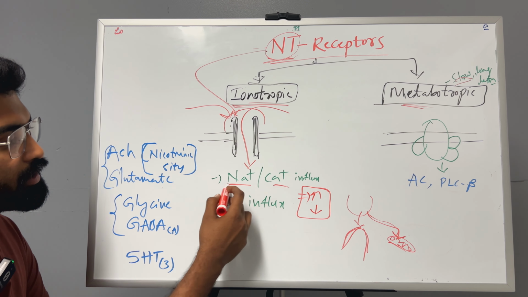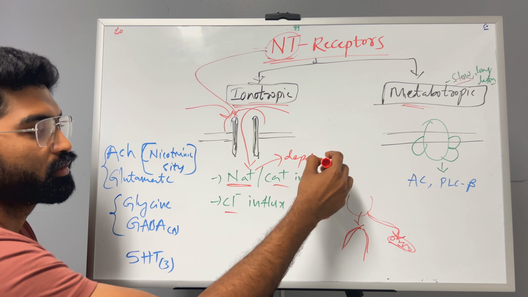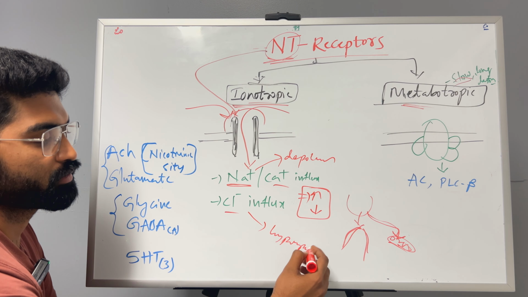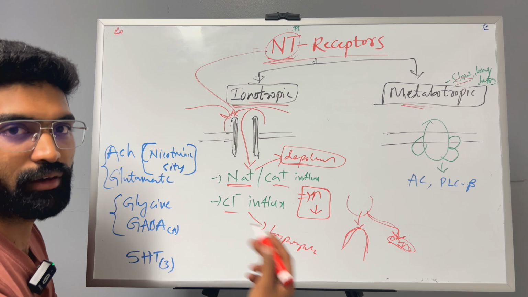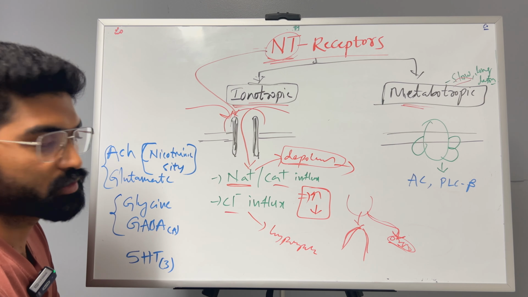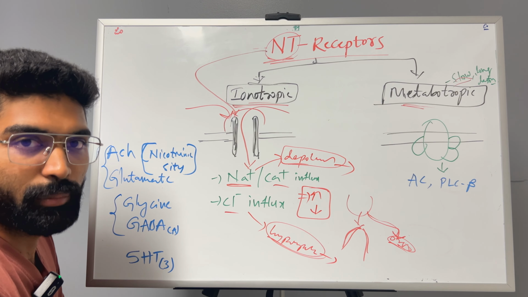If you look deeper, the sodium ion influx will cause depolarization, and the chloride ion influx will cause hyperpolarization. We know that depolarization means the action potential will be increased, so we will see excitation of the neurons. Because of hyperpolarization, the neuron will be inhibited.